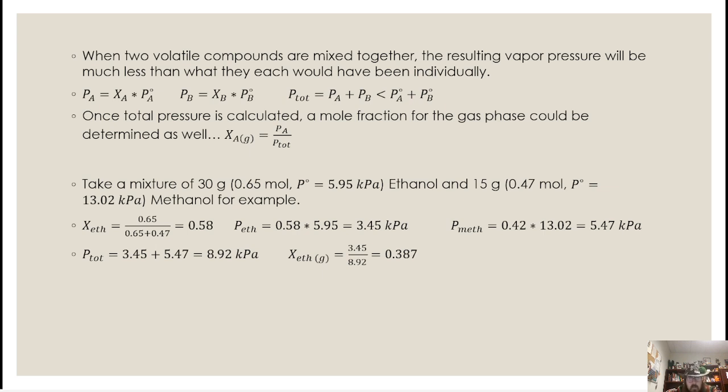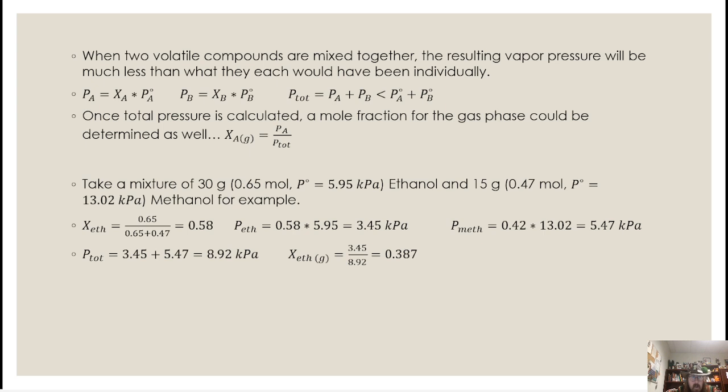So the pressure that ethanol is going to produce is dropped from 5.95 to 3.45. The partial pressure of methanol will have dropped from 1302 to 5.47.